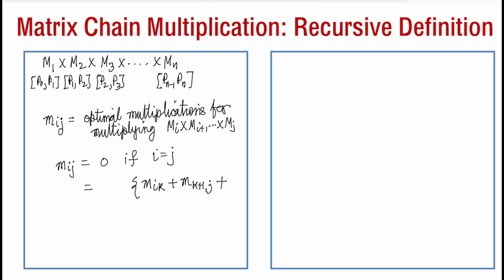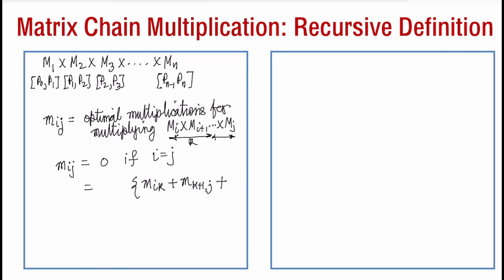That means I will break this up into Mi to k and then Mk plus 1 to j.